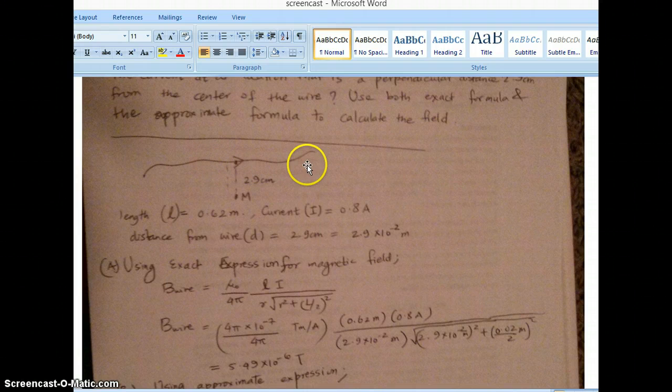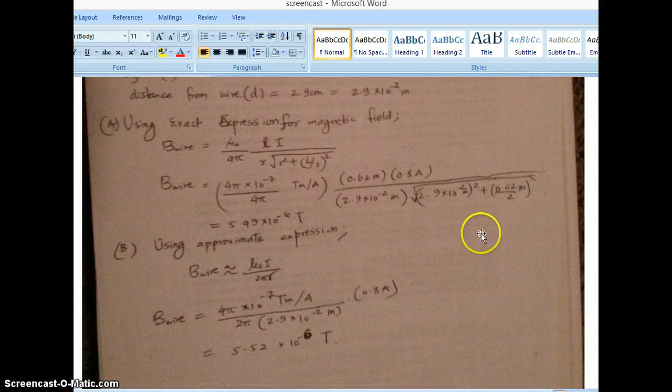By center here I mean the midpoint of the length of the wire. After plugging in the values, I got 5.49 times 10 to the power minus 6 Tesla.